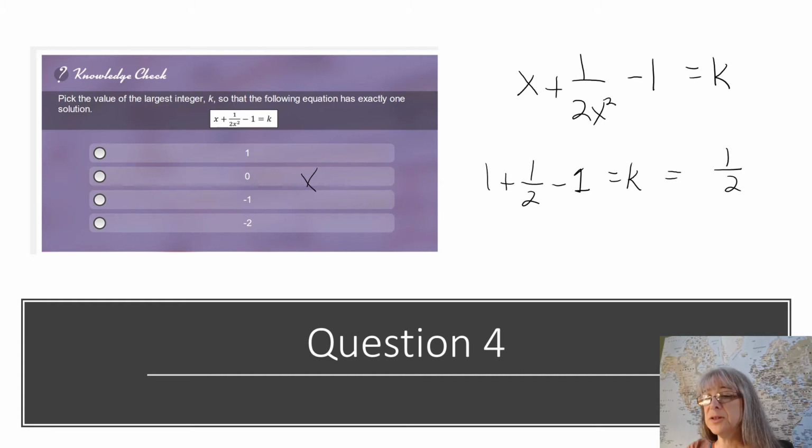So k in that case equals 1/2. And then I'm going to choose my -2 and see what happens. So I would have -2 plus, here I'm going to have a -2 squared, which gets me 4. 4 times 2 is an 1/8, minus 1. So here I'm also looking at a rather large negative number as opposed to the 1/2.